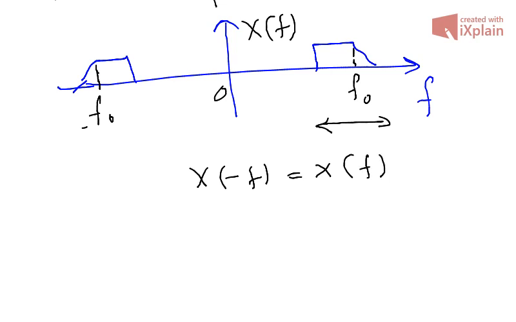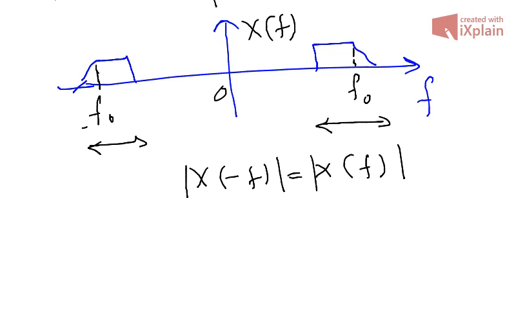It possesses this property, right? Or we say the magnitude is the same. When you take the mirror image, you will get the same x of f. Whatever is there for the positive frequency, we have the same signal for the negative frequencies as well.